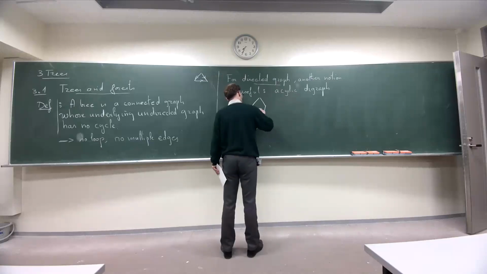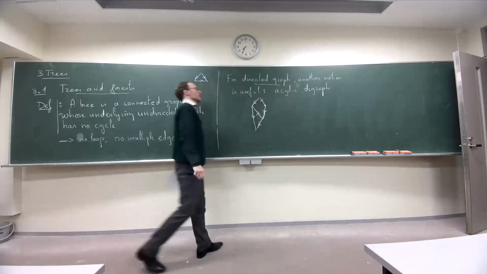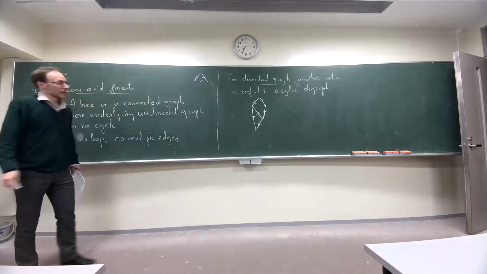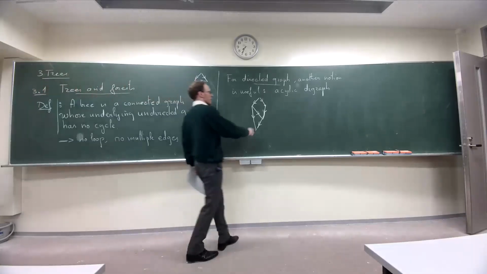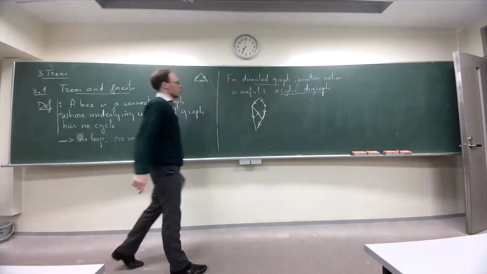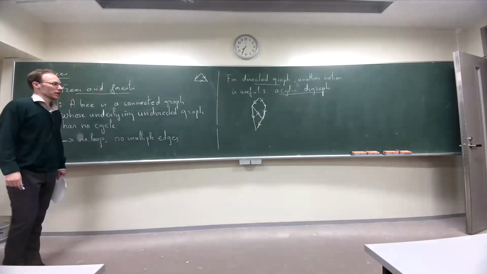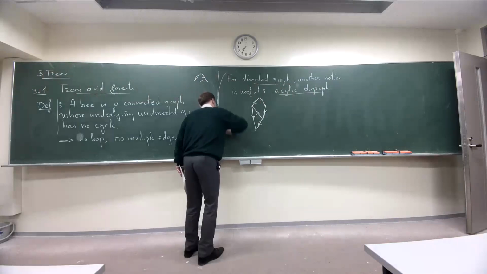Clearly, this is not a tree. But it is an acyclic digraph. It has no cycle as an oriented graph. And so, as I said, this is also a useful notion. Probably later when we do some algorithm, we can think about this. So this is a parenthesis.